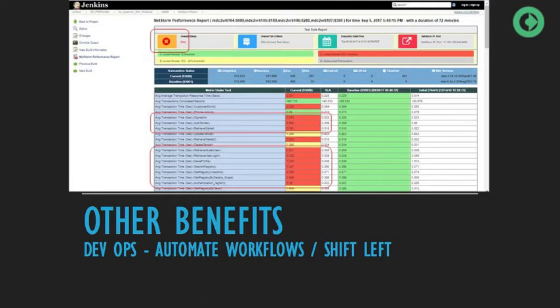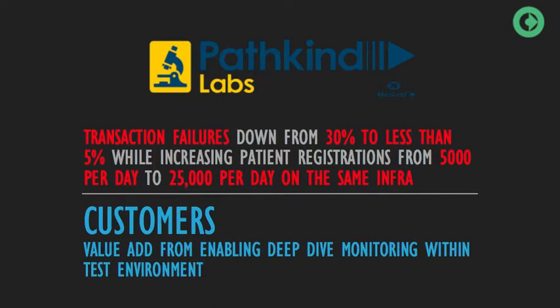And then there are several other benefits that come out of the monitoring on the DevOps side. You'll be able to automate your workflows and shift left in a much better way by having more insight into the performance stats.